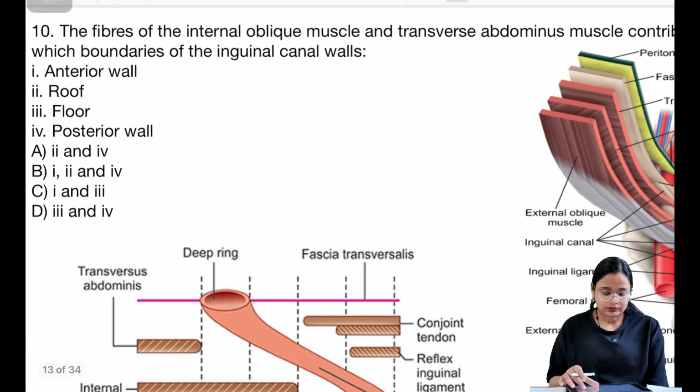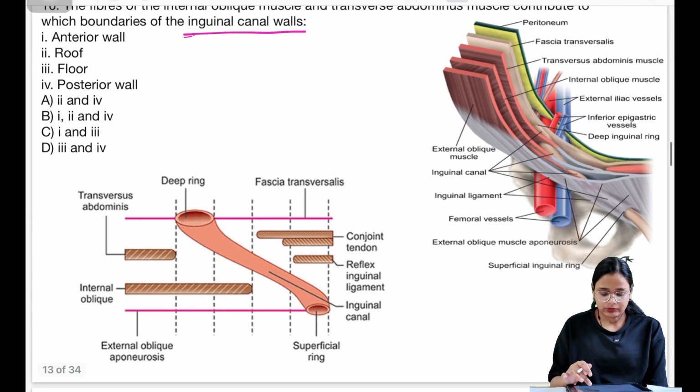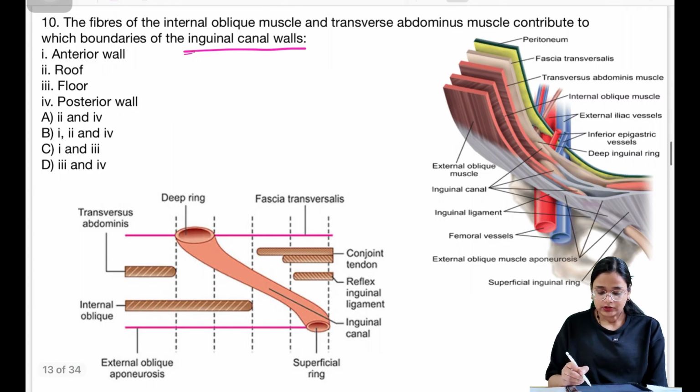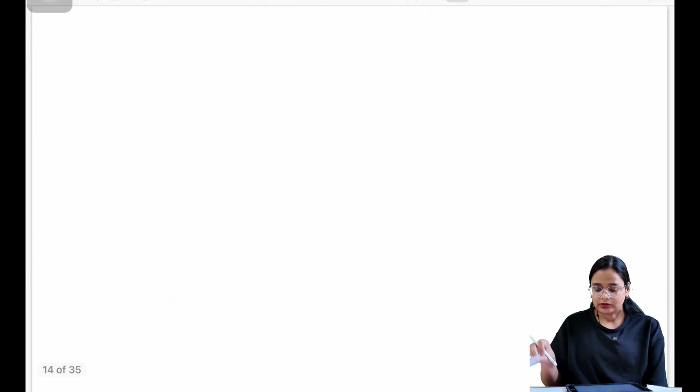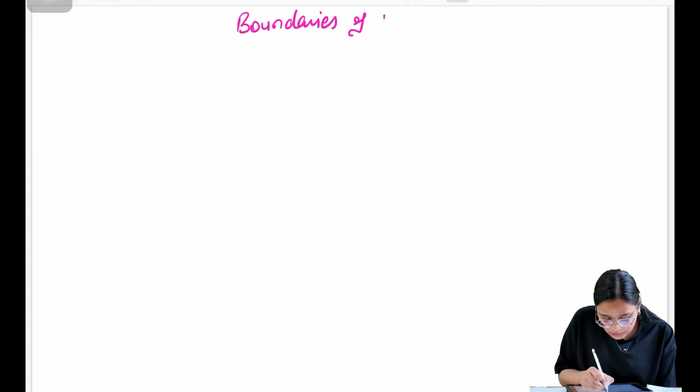Next is the 10th question: the fibers of internal oblique muscle and transverse abdominis muscle contribute to which boundaries of the inguinal canal? For this we need to know the boundaries of the inguinal canal.